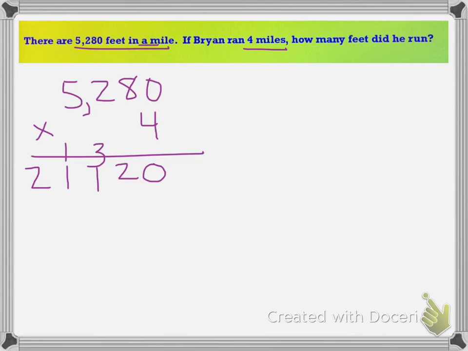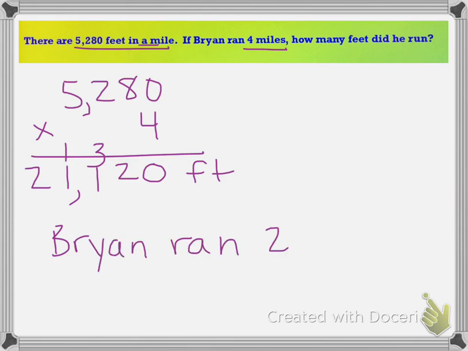Plus 1 gets me 21,120, and these are feet. So Brian ran 21,120 feet.